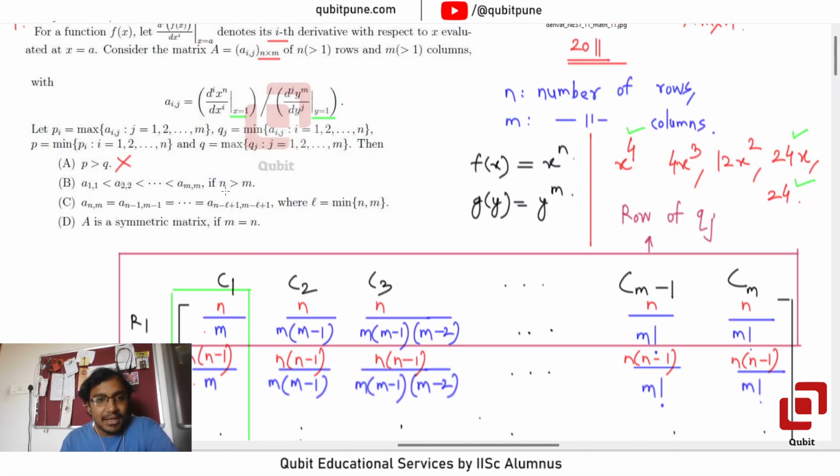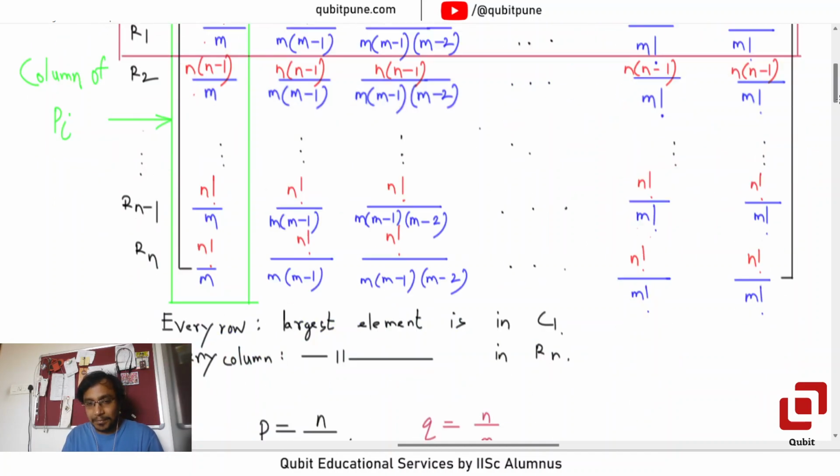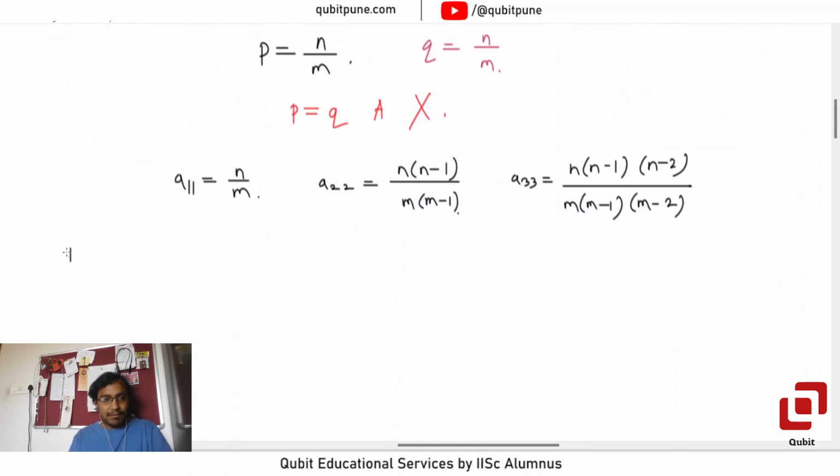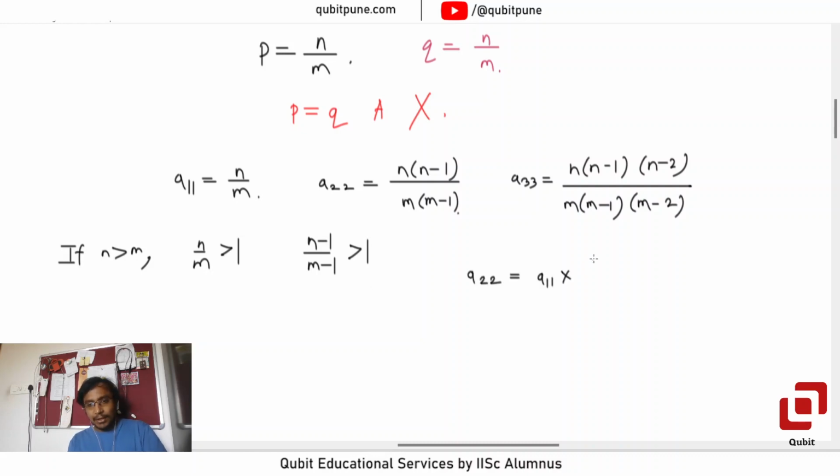They are saying that if n is greater than m, then the sequence that we have written is an increasing sequence. Now is it true? If n is greater than m, n upon m will be greater than 1. And n minus 1 upon m minus 1 will also be greater than 1, which means A22 is actually A11 into some number which is greater than 1.